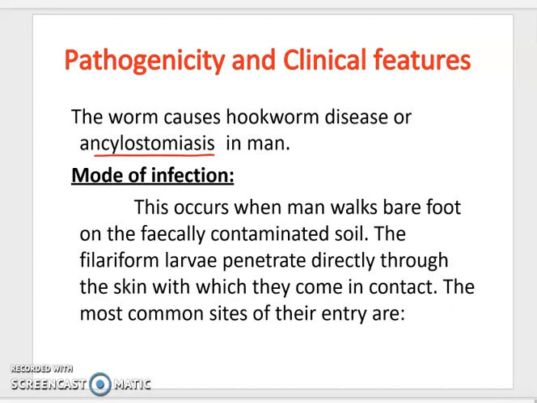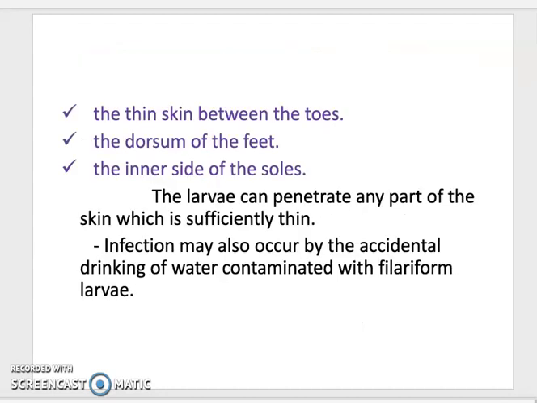The most common sites of entry are the skin between the toes, the dorsum of the feet, or the inner side of the soles, where the skin is a little less thick. Through this skin the larval form enters into the circulatory system.